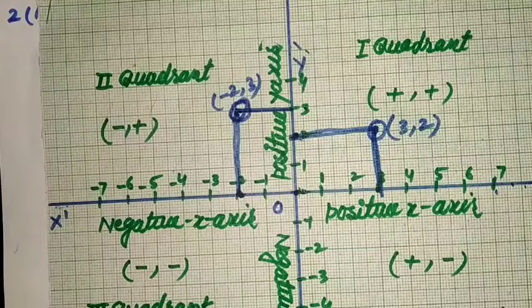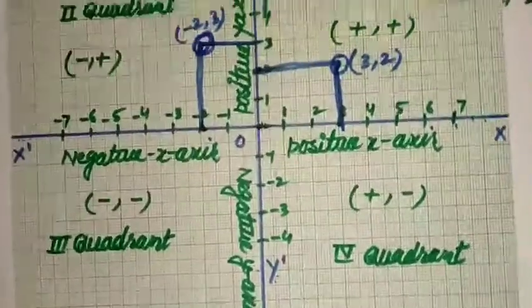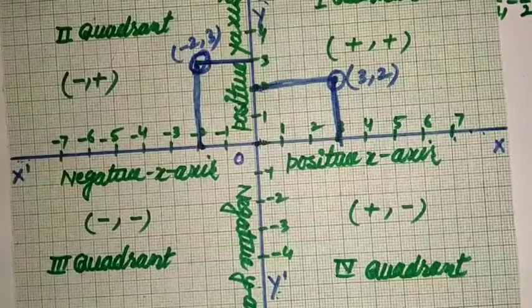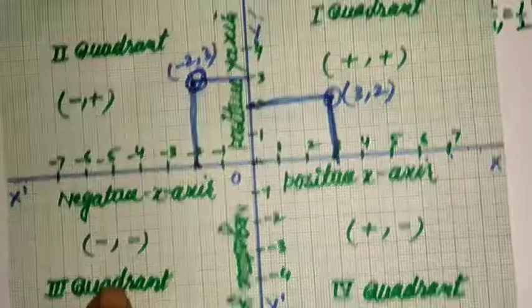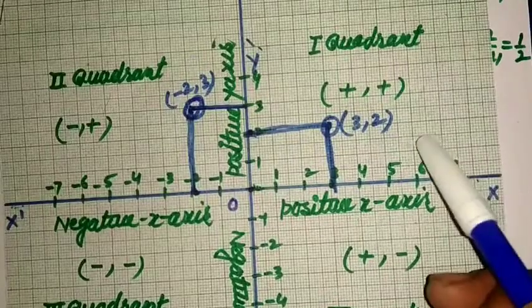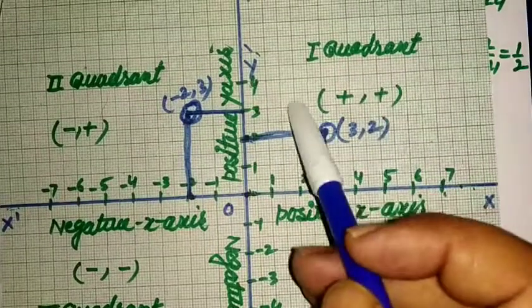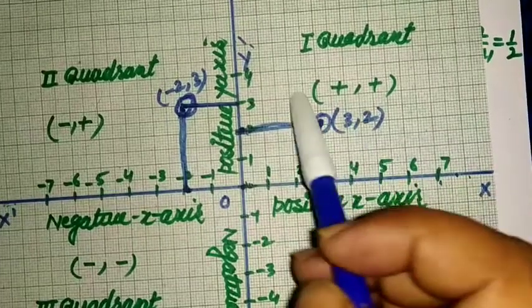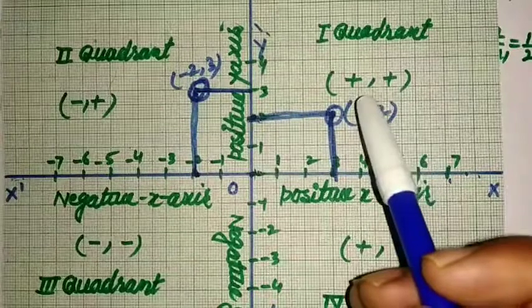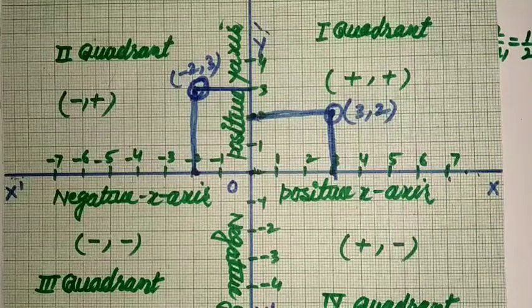to locate. And if the question is asked, where is 3, 2, in which quadrant, so first, both are positive in 3, 2, so we can say this point is in the first quadrant, isn't it?